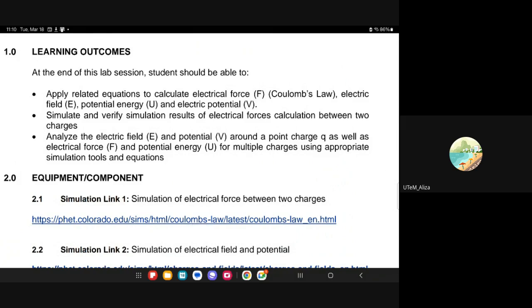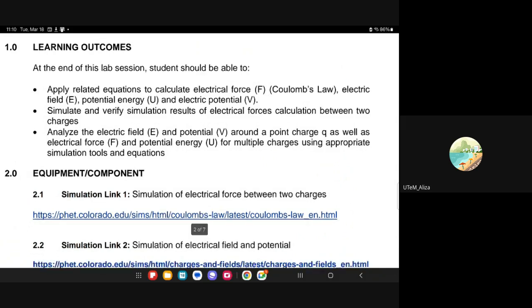You can see that there are 4 equations that you have to know, the right equation in order for you to use the equation and find those values.